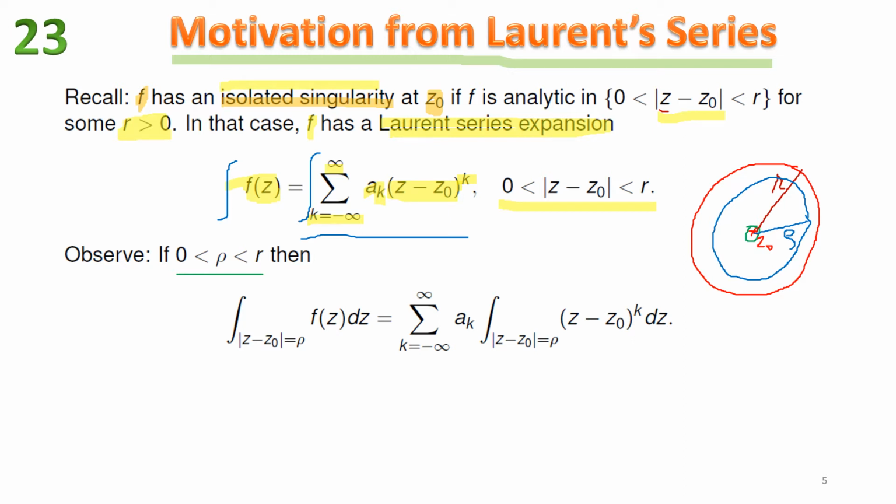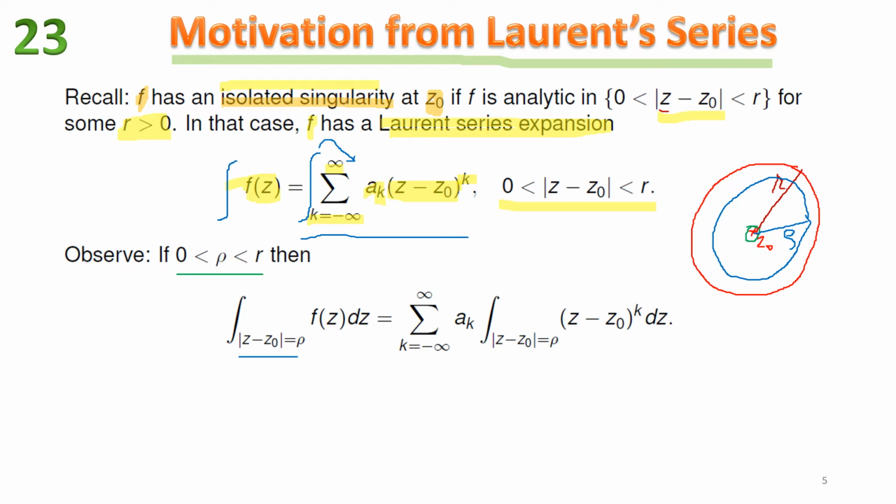And because of that, we can interchange the summation sign and integration sign. Here we are performing integration over the circle of radius rho, and we have interchanged this sign and summation sign. So after doing that, we can write ak is a constant and has nothing to do with the integration, so it is outside the integration sign.